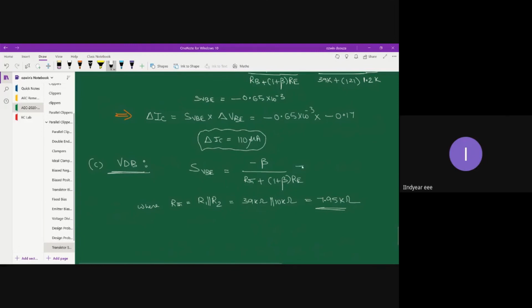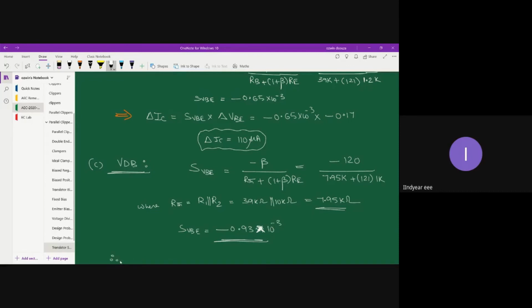So your SVBE becomes minus 120 divided by 7.95 kilo plus 121 times 1 kilo. So SVBE will be minus 0.93 milli, or I would write 10 to the power minus 3.